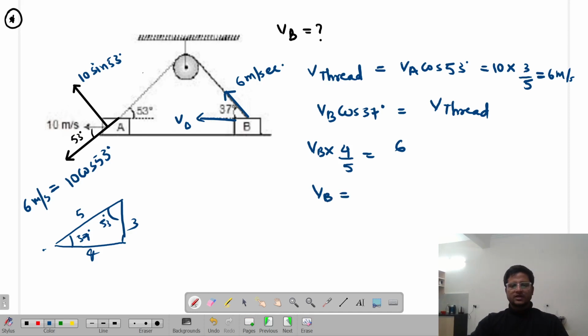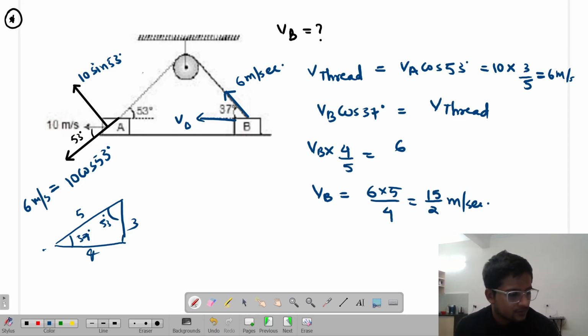So the velocity of block B becomes 6 into 5 by 4, which is 30 by 4, that is 15 by 2 meter per second. Understood?